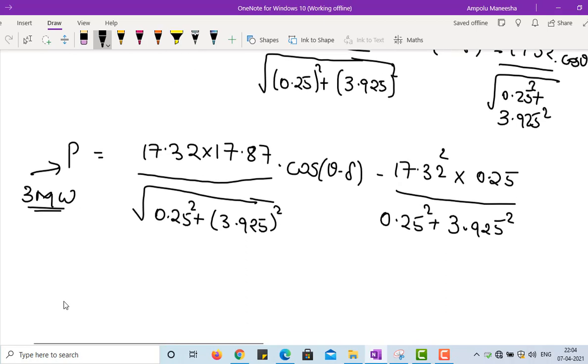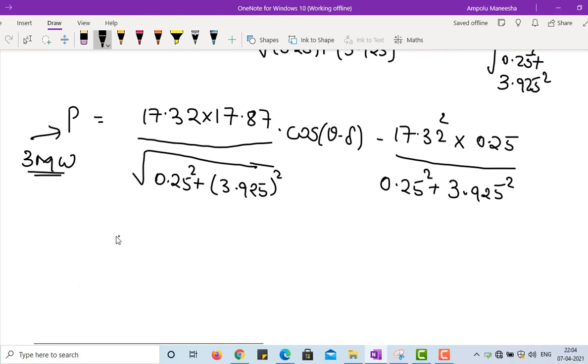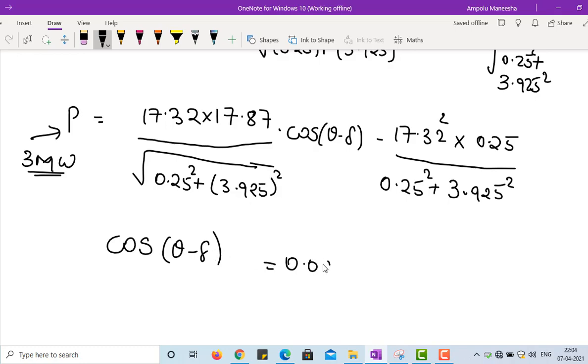So if we simplify this expression, we will get cos theta minus delta is equal to 0.0997, implies theta minus delta is equal to 84.276 degrees.